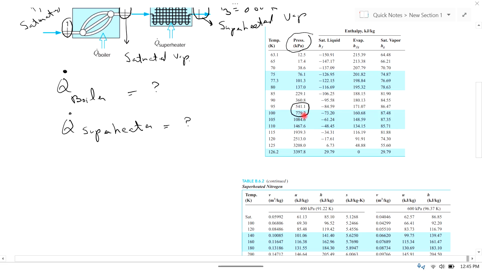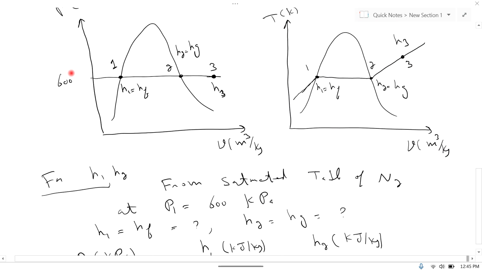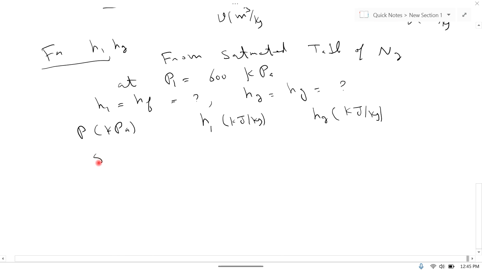So we will interpolate between these two values: 541.1 kilopascal and 779.2, and we have to find H1 and H2 at 600 kilopascal.